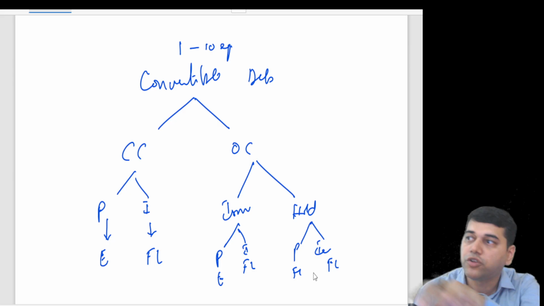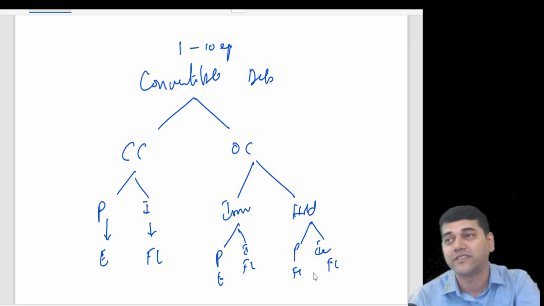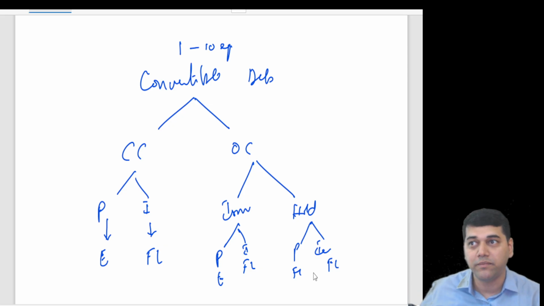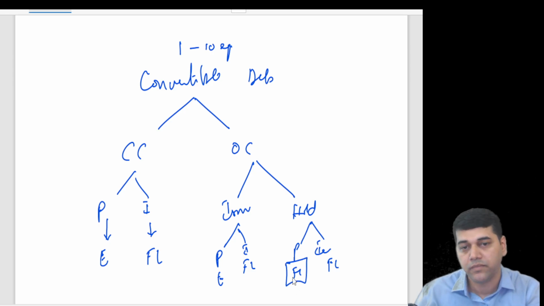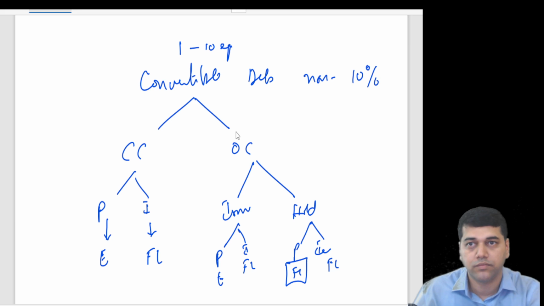In AFM, you are going to come across this calculation. Should I convert? If I convert, considering the bond value, what is the benefit to me? These are all financial decisions. Now, followed? If it is the holder's option, then the principal will be financial liability. But you have to understand, if it is non-convertible, I will give you a 10% interest.